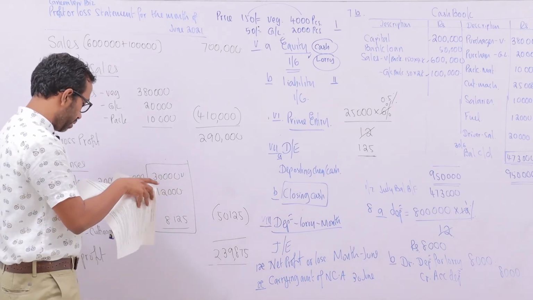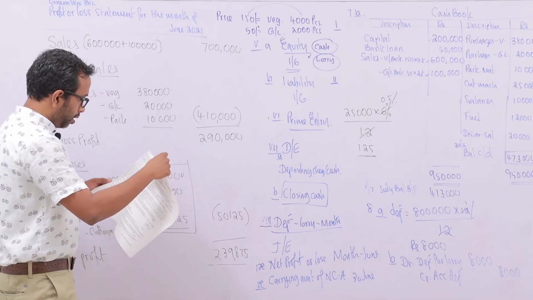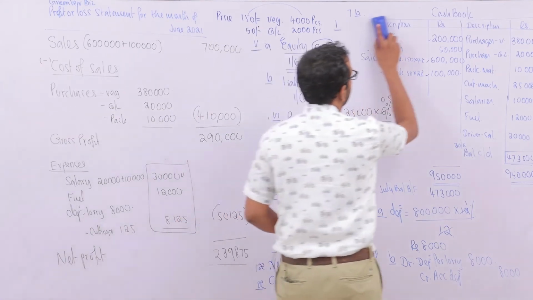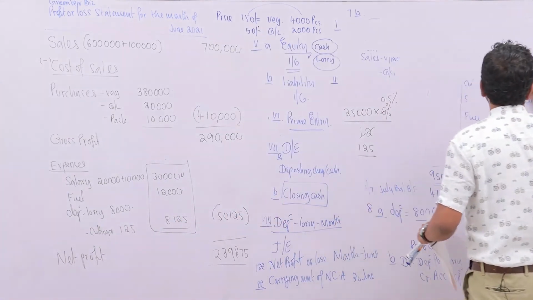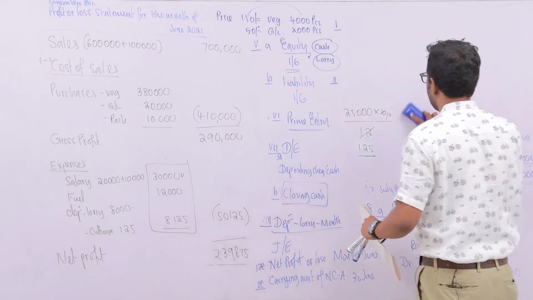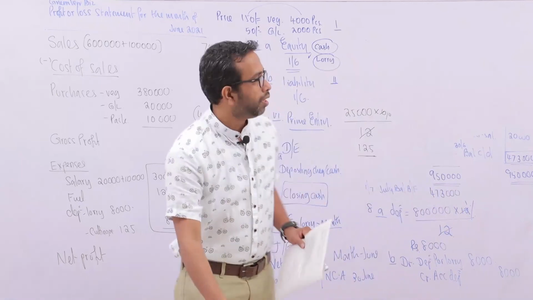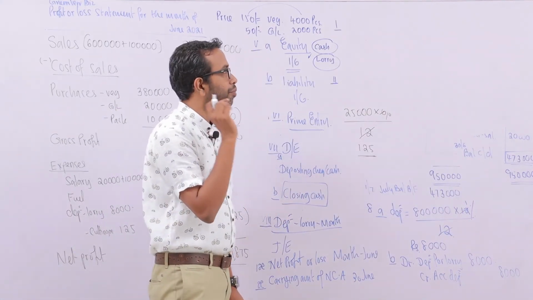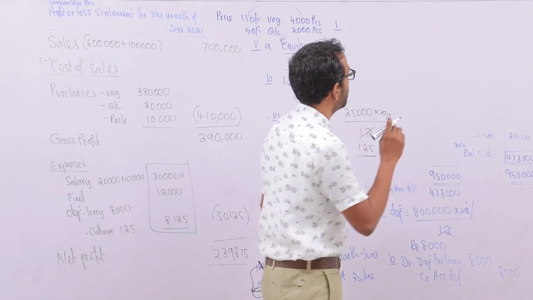The last point is what is the net value, another term, carrying amount, the carrying amount of non-current assets. Remember, non-current assets which have a limited useful life, you need to depreciate.